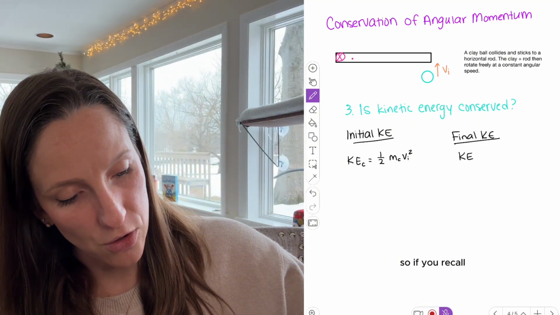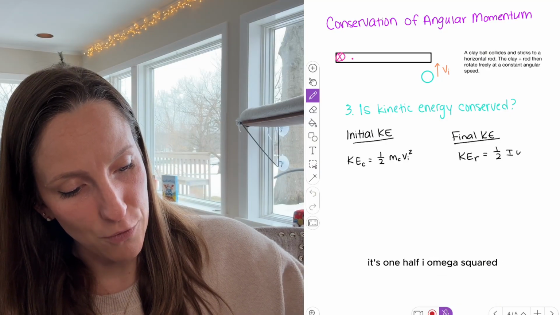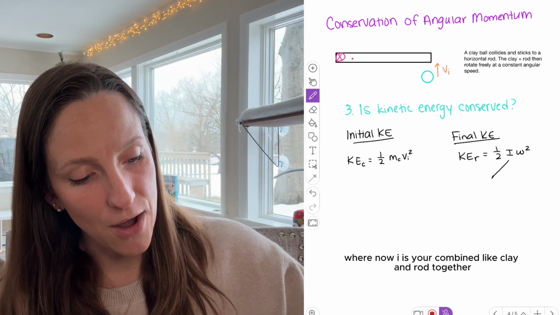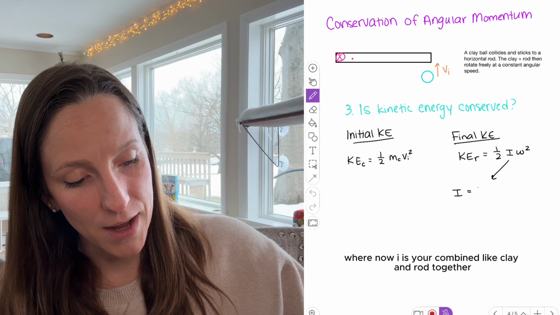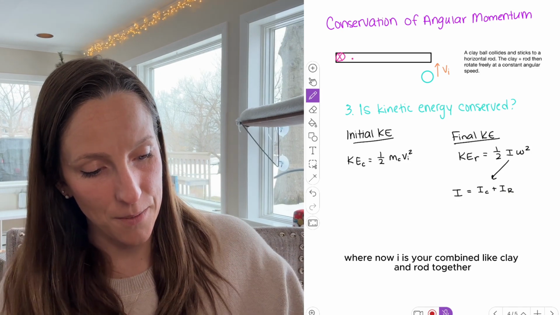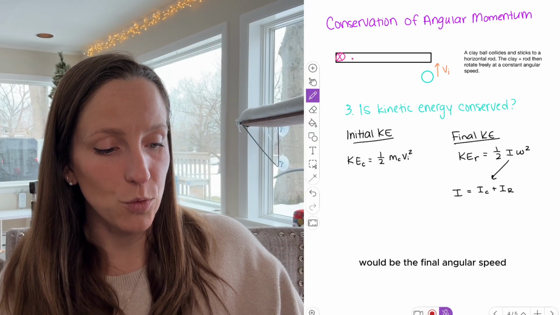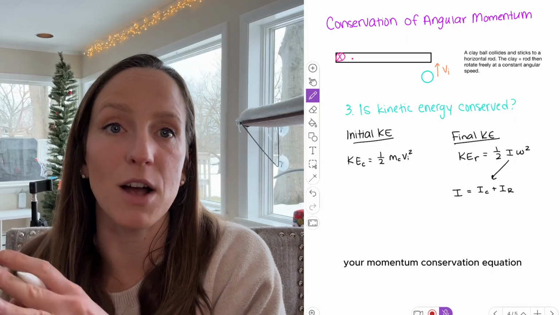If you recall, the equation for rotational kinetic energy is 1/2 I omega squared, where now I is your combined clay and rod together. And that angular speed would be the final angular speed that you find with your momentum conservation equation.